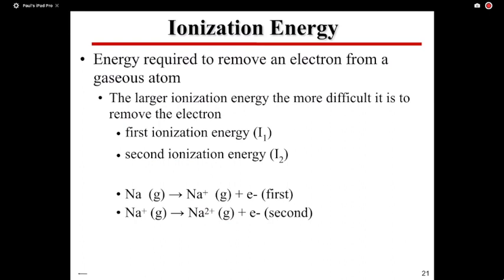That's called the second ionization energy. What do you think the energy is to remove the third? The third ionization energy. That is great. Every atom has a potential ionization energy for as many electrons as you have. So if you have 16 electrons, you potentially have 16 different ionization energies.